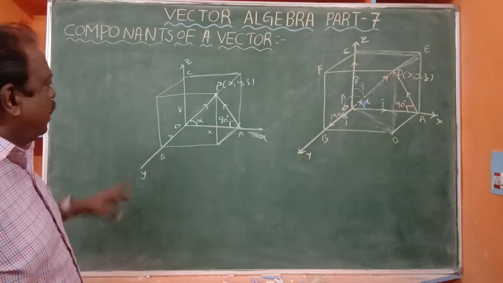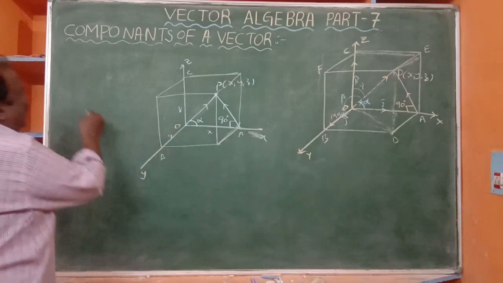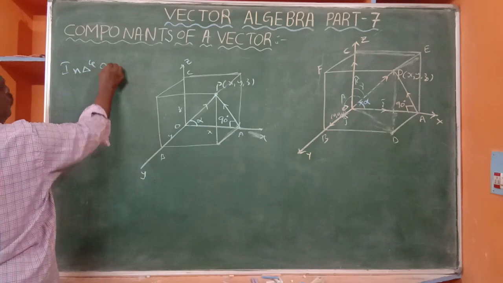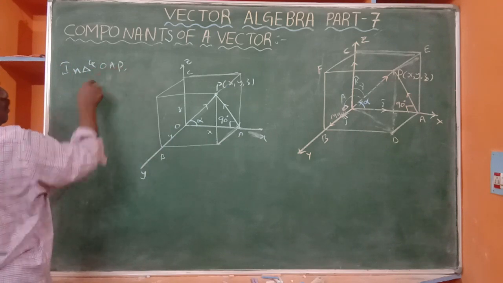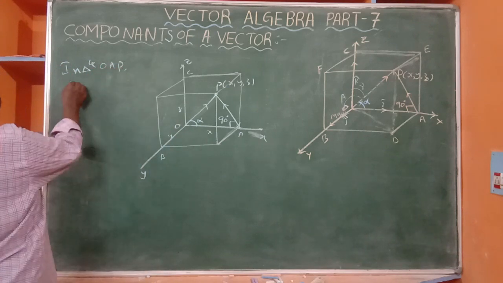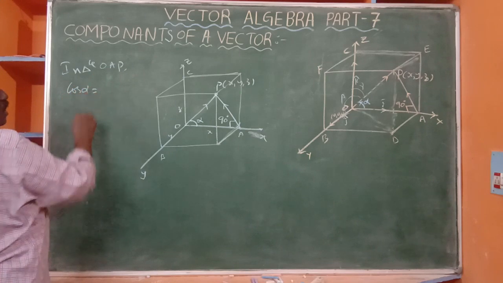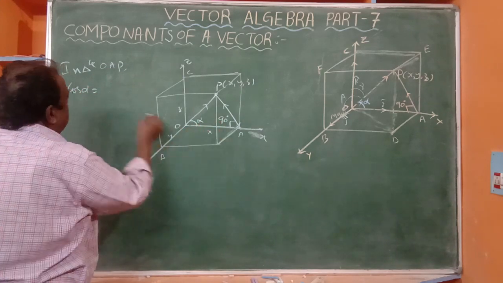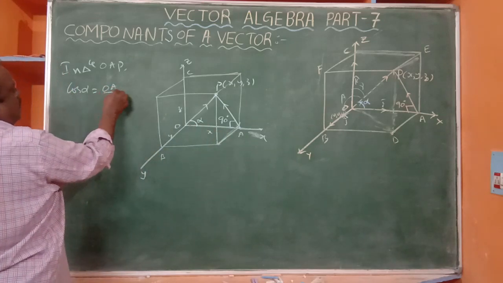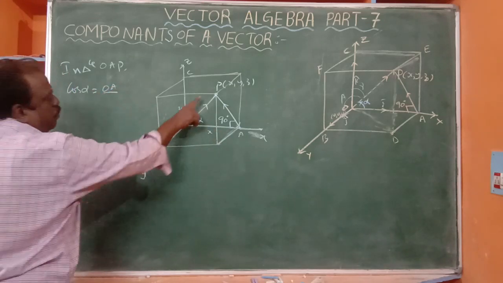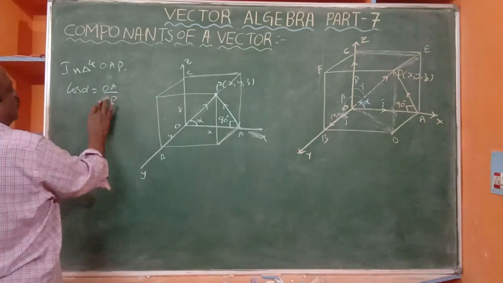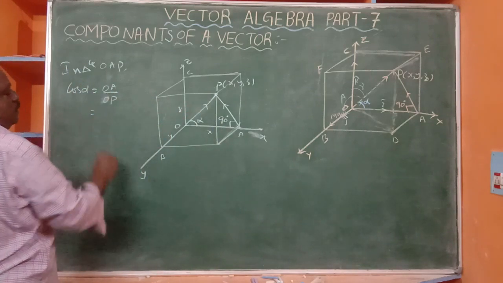So in this triangle, the triangle OAP is a right angle triangle, we know it. What about cos alpha? Cos alpha, for 90 degrees, is the adjacent side OA by the hypotenuse OP.